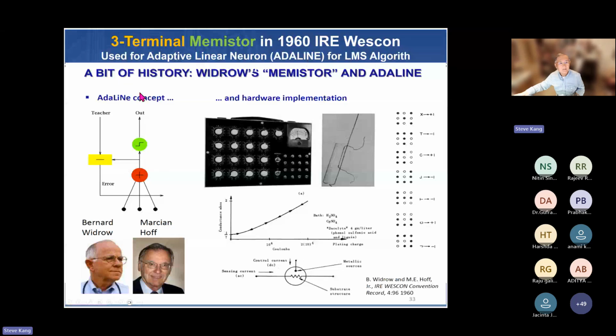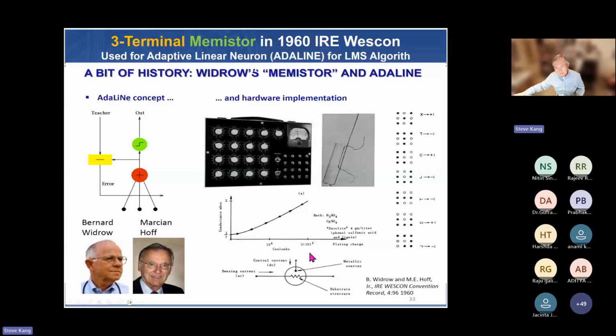So this is the ADALINE concept. You have inputs going through some links and then added together. Then there is training, and you train until the error is minimized, and then you put the output between -1 and +1. So this shows some pattern. It's a 3x3 exercise. Pattern X is +1, T is -1, and so on.